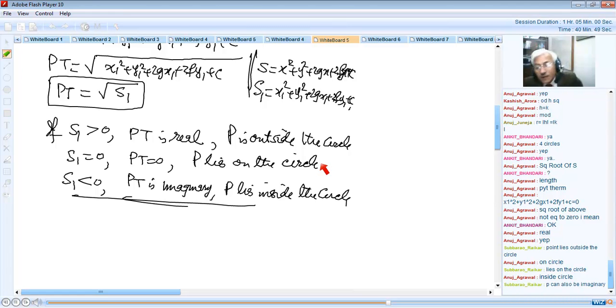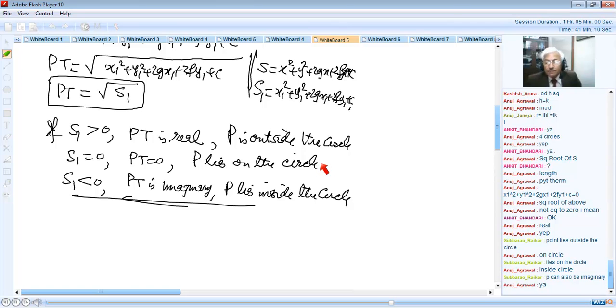Therefore, we can find out, P can never be imaginary. P is a point, a real point x1, y1. Whatever be the value of x1, y1, P will always be a point. P can never be imaginary.